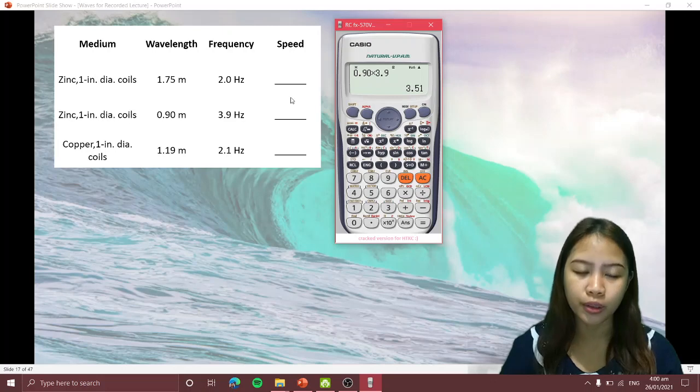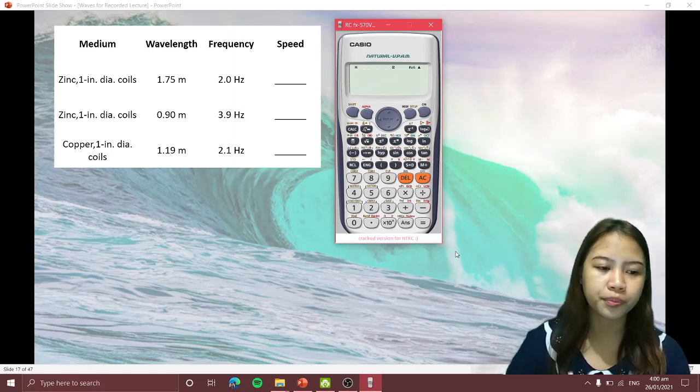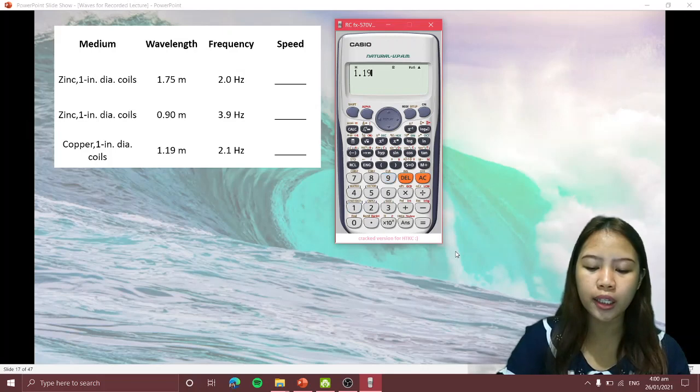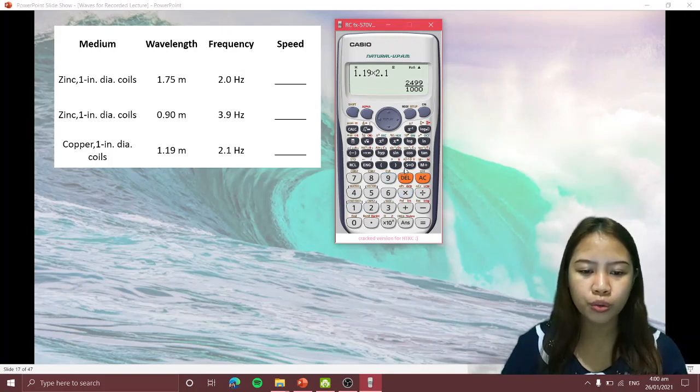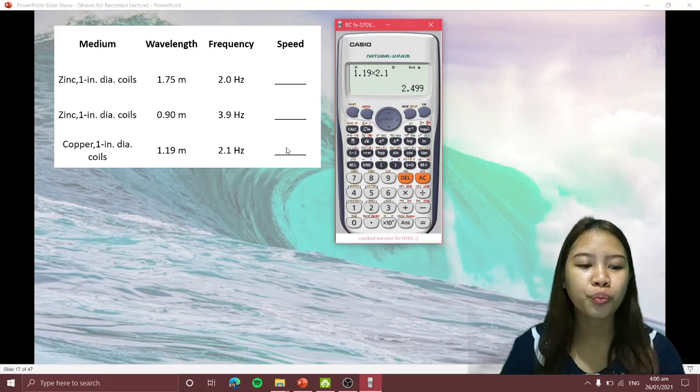Take down the answers. And for the last one, we have 1.19 times 2.1, and that is equal to 2.499, or we can say it is 2.5.